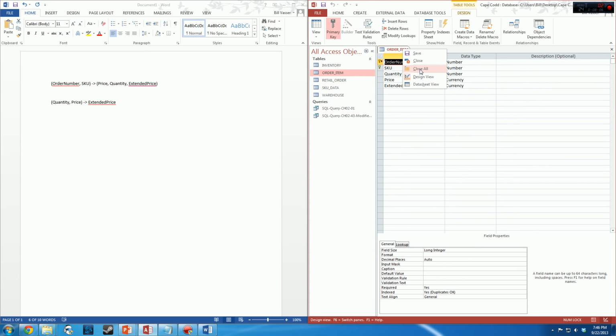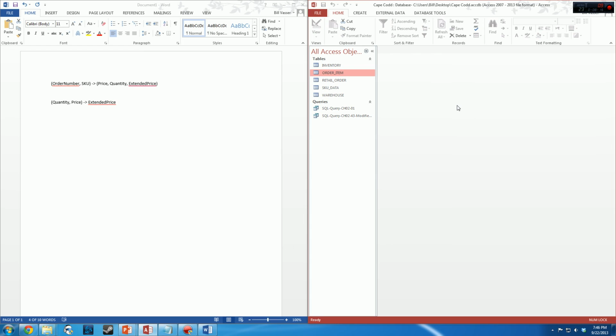Now, what we would do is we would wind up doing something with this functional dependency to make it match good table design. We will get into a little bit more with that in the next lesson, and then we'll be done for the week.